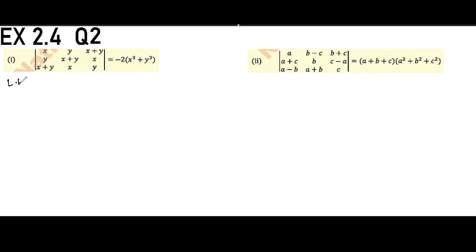So first of all we are going to write the left hand side, which is x, y, x plus y; x plus y, x and y. Now first of all we can clearly see that the sum of all of these rows is equal. So we are going to add these columns into the column 1.